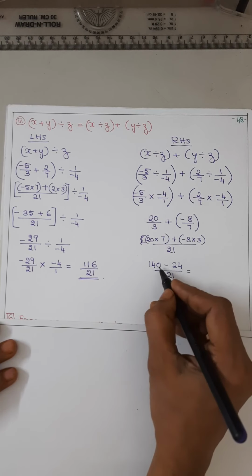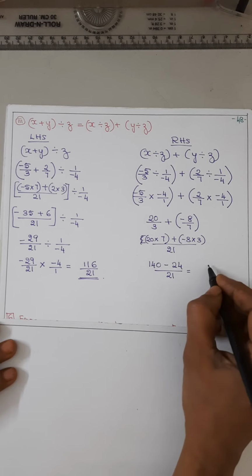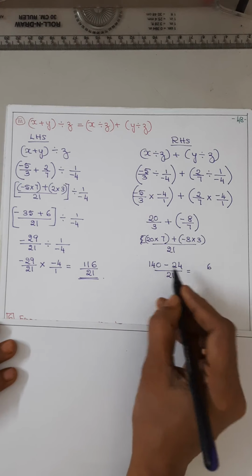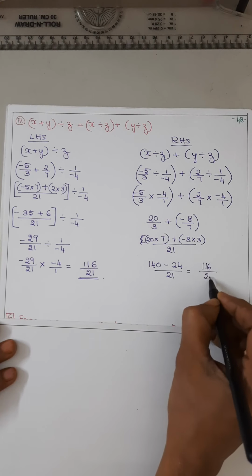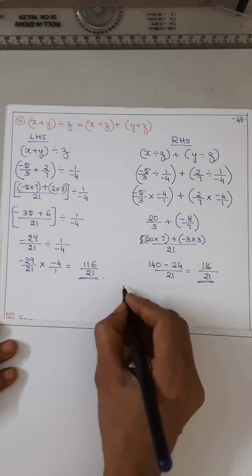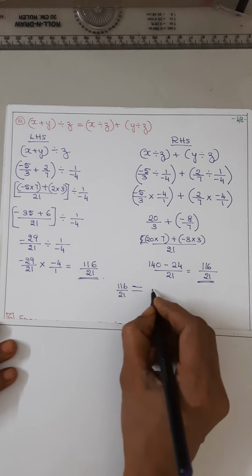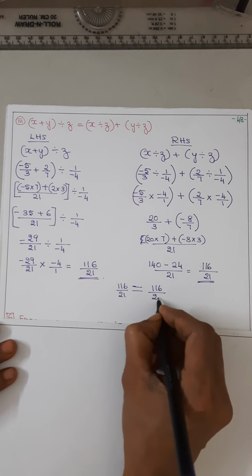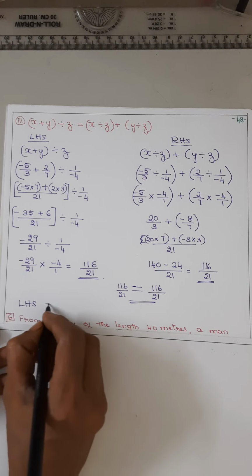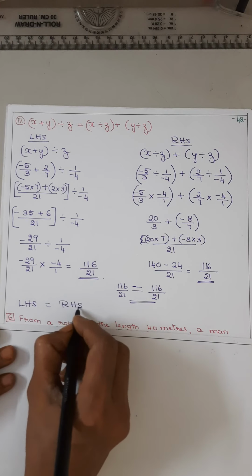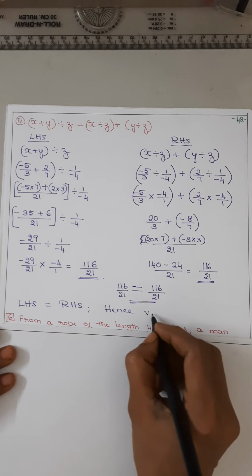Now sign, this is bigger, so positive. 140 minus 24, 116 upon 21. Both are same. 116 by 21 is equal to 116 upon 21. That is LHS is equal to RHS. Hence verified.